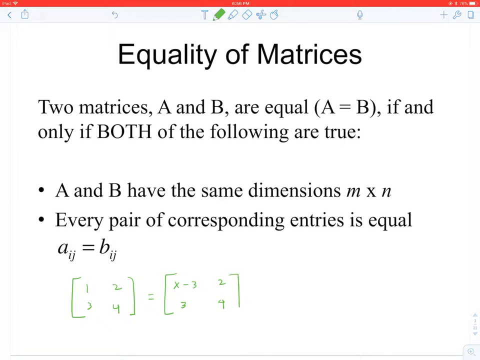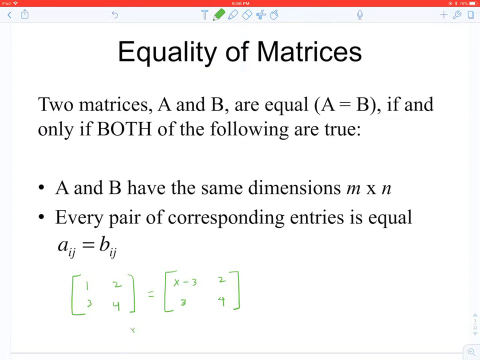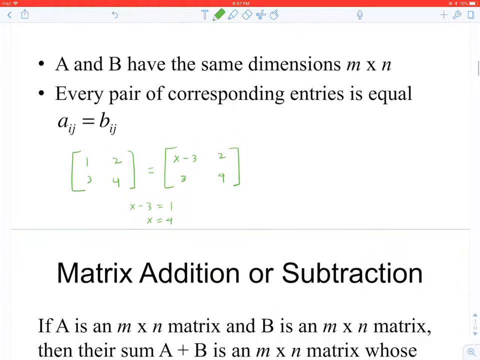This is just a really simple example, and you need to solve for x. Well, we know that because these matrices are equal to each other, the x minus 3 is going to have to be equal to 1. Therefore, x must be equal to positive 4.